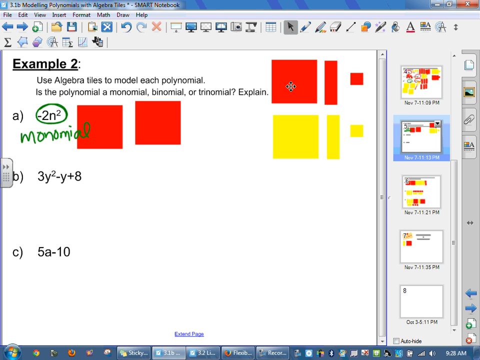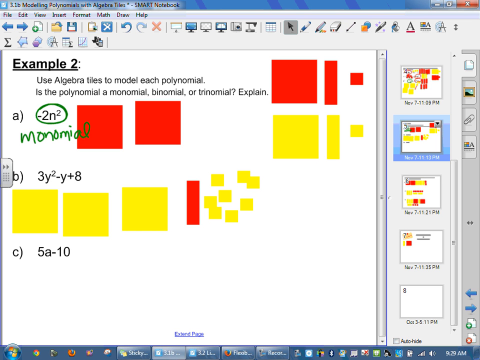If I look at B, I'm going to get 3 big boxes. Then I'm going to get a red, long, skinny stick. Now I've got 2 things different sizes. And then I've got 8 little baby ones. So how many different sizes of objects do I have here? 3 different sizes. What do you know about that? It's a trinomial.